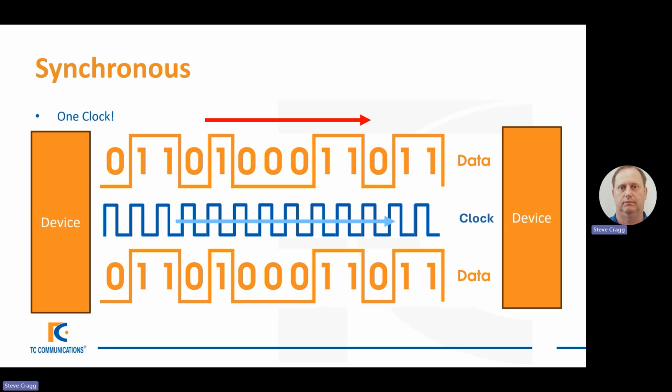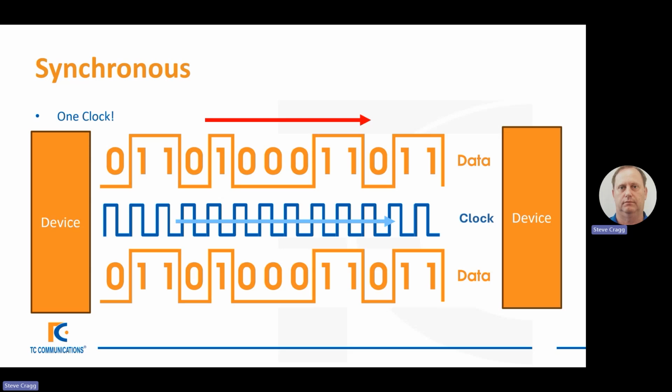On the way back, the device on the right sending data back to the device on the left also is synchronized with the clock. In other words, it knows that it should start sending, and it should make sure that when the clock goes from positive to negative, it is in the middle of sending its particular data.